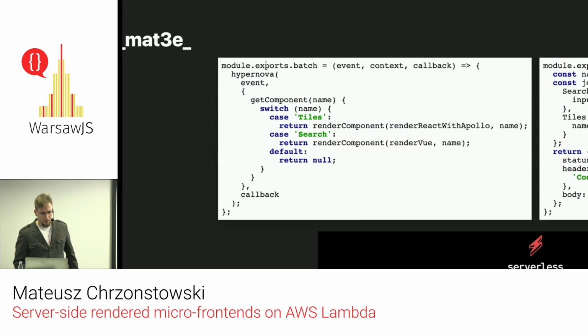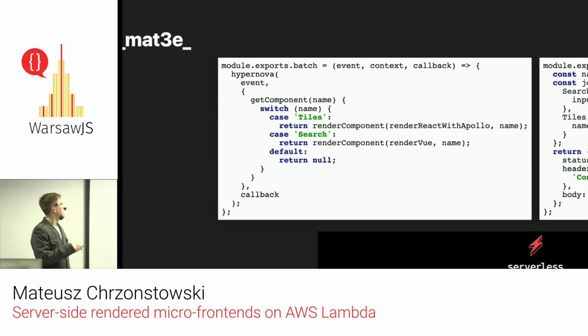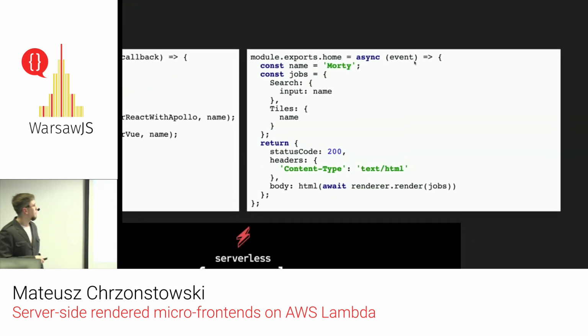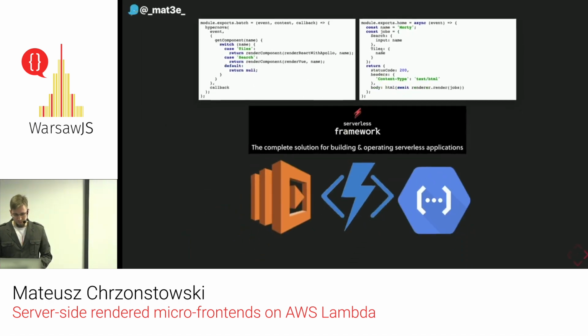So we need to export something, and it takes 3 arguments, and this callback has to be executed somehow, but we easily just pass all the arguments through the Hypernova function, which is coming from the Hypernova Lambda implementation from NPM. And the rest looks similar to what we have already seen, and the server part is even more similar to what we have seen.